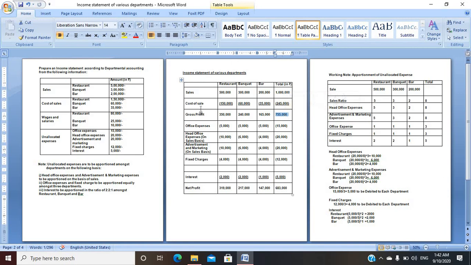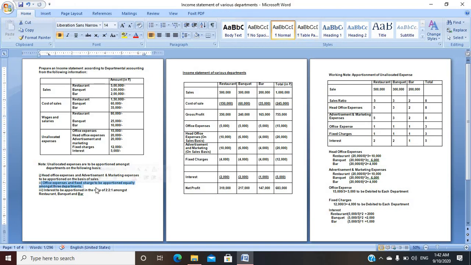Now we have to less our expenses column. So here you can see that our expenses are divided among the ratios. So office expenses cost is 15,000, right? So here we go to the instruction: office expenses and fixed charges are to be apportioned equally among the three departments. So 15,000 is divided, so I have worked out the allocation here: office expenses 15,000 divided by 3.